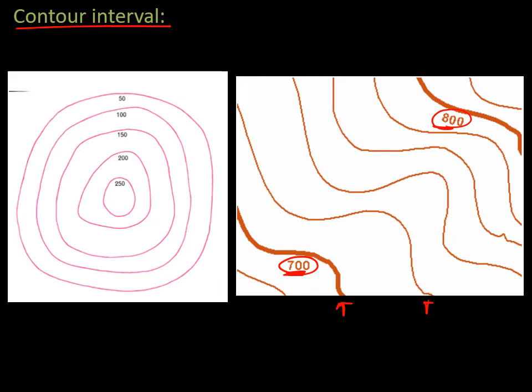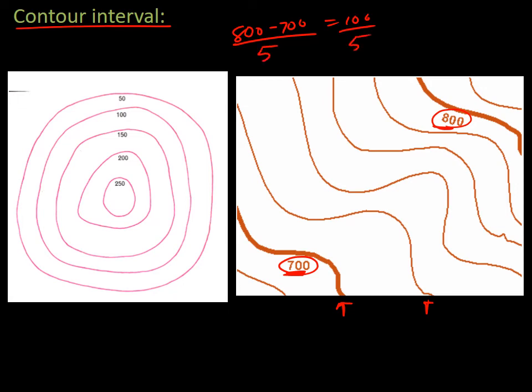To get from the 700 to the 800 line, we start at this line and we have to go 1, 2, 3, 4, 5 lines in between. So there are 5 lines between 700 and 800. And so the difference in elevation between the 700 and 800 is 100, of course.